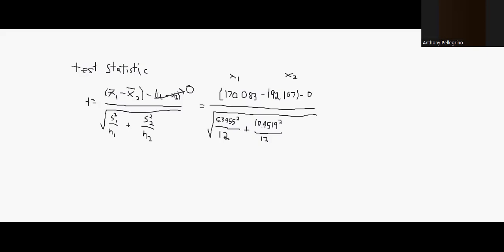Then that would all be over the square root of 6.3455 squared divided by 12 plus 10.4519 squared divided by 12. So after calculating that, that would equal 6.25649.